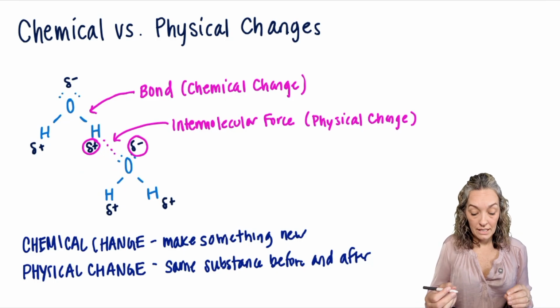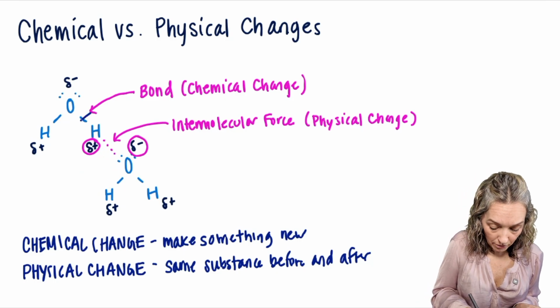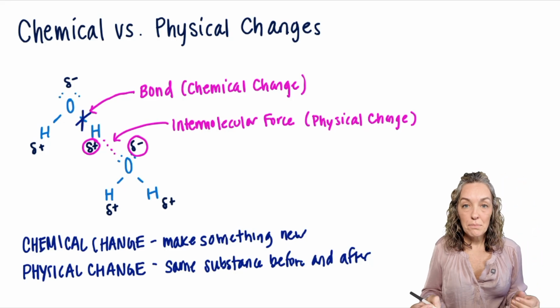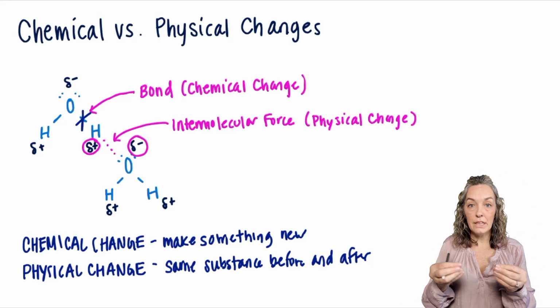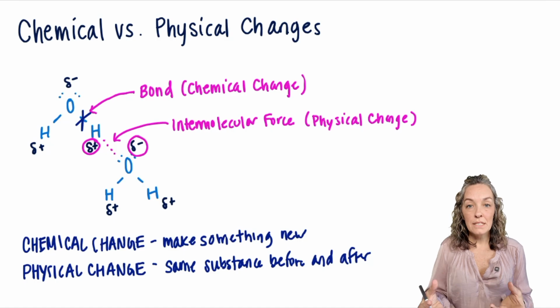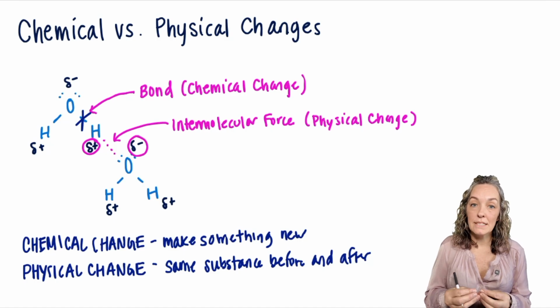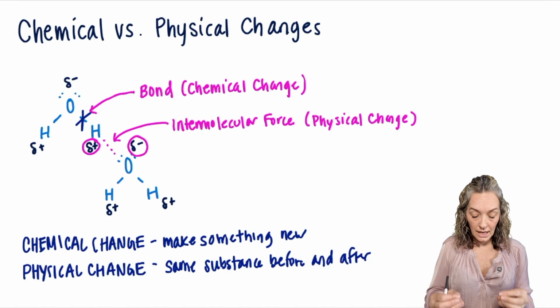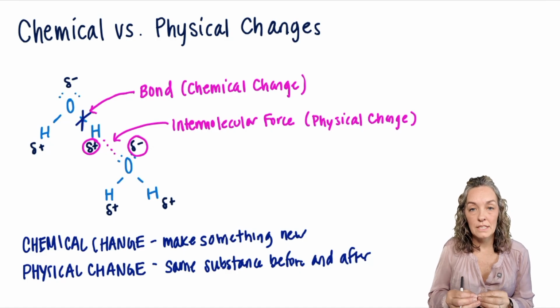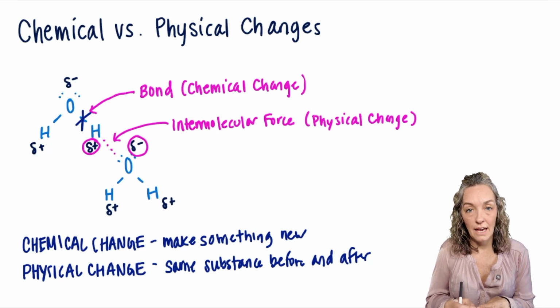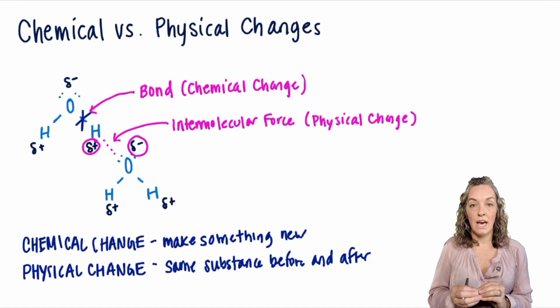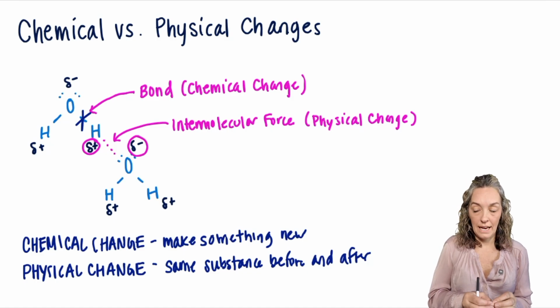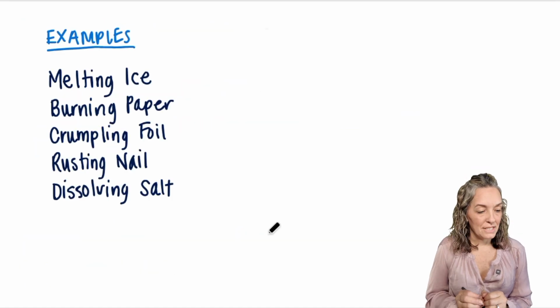But if I have a chemical change, that would involve breaking these bonds. And if I break the bonds, I've now separated the O's and the H's, and because they are separated from one another, I have made something new. So a chemical change always results in making something new at the end, whereas a physical change has the same substance before and after. Let's look at a few examples here.